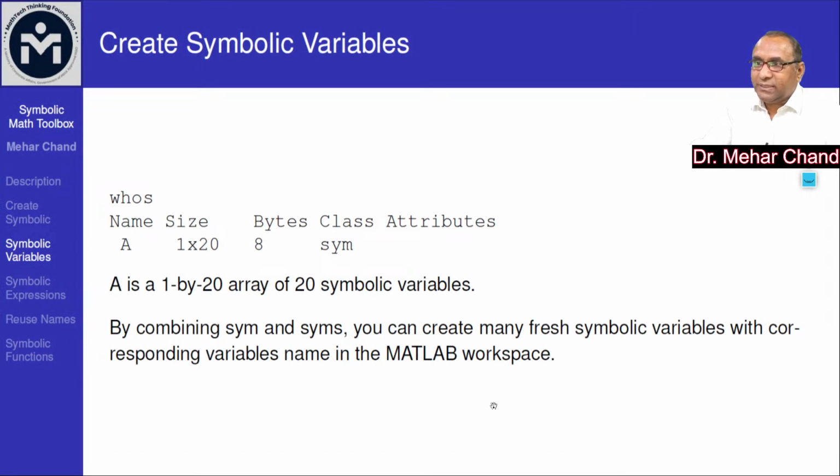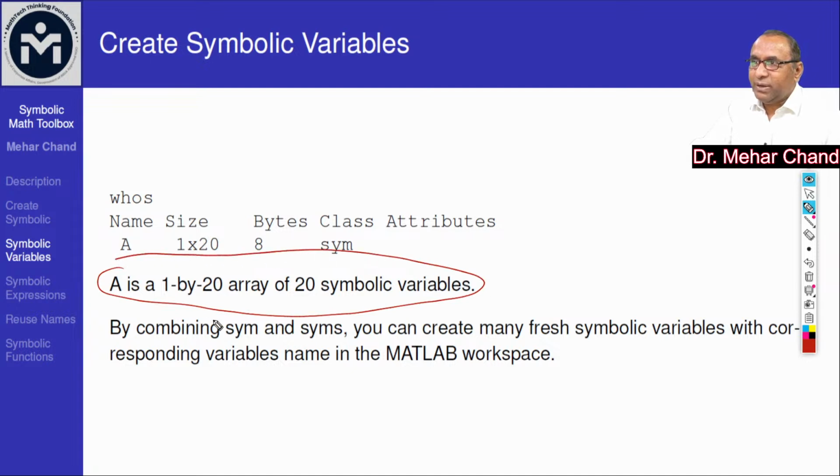So here A is returning the symbolic variables 1 to 20, in the form of an array or vector, and 20 symbolic variables are there. So by combining sym and syms, we can create many fresh symbolic variables with the corresponding variable names in the MATLAB workspace.